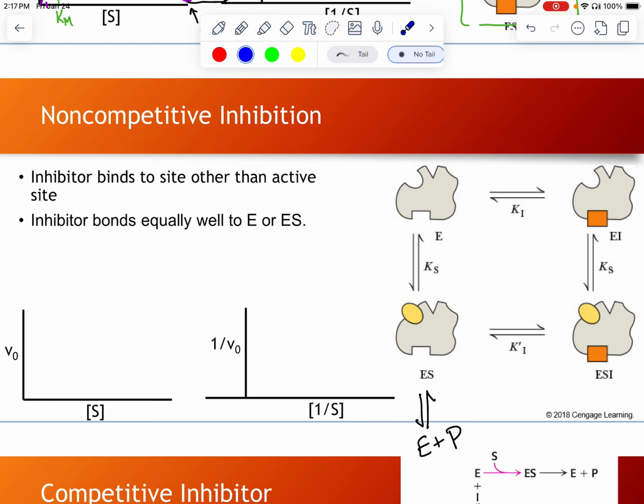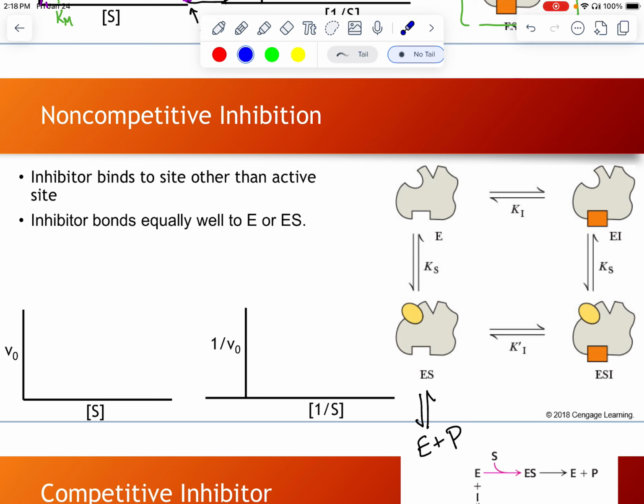So now it doesn't matter, even if the substrate bonds, this is not going to react to form product. It can also happen after the substrate. So the inhibitor can inhibit the enzyme action whether or not there's substrate bound. It distorts the active site to inhibit this reaction that takes us to the product.